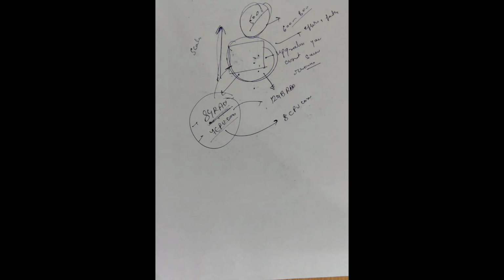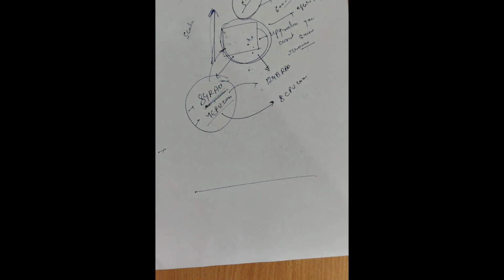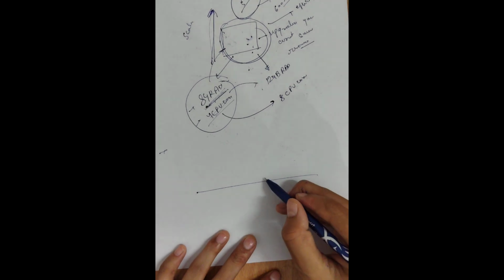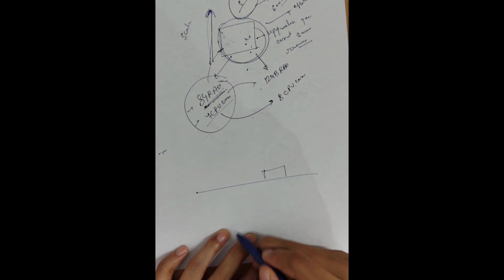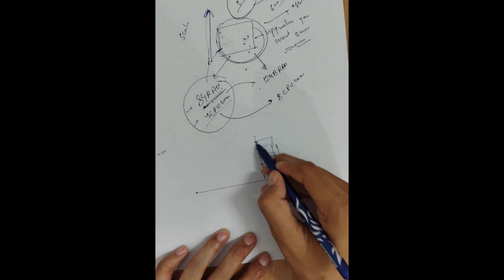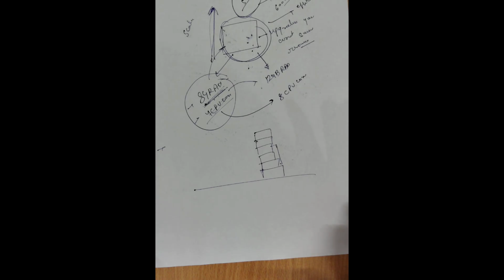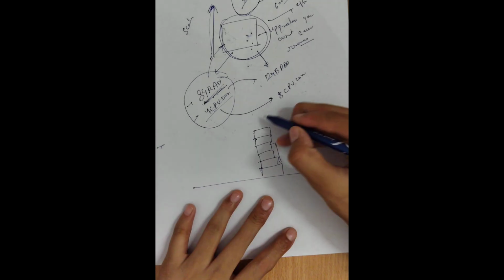Now imagine a scenario where you have a piece of land and you want to build a building on it, let's say 5 floors. You build this building in an area where there is so much popularity and everything is available, so you start building more floors.